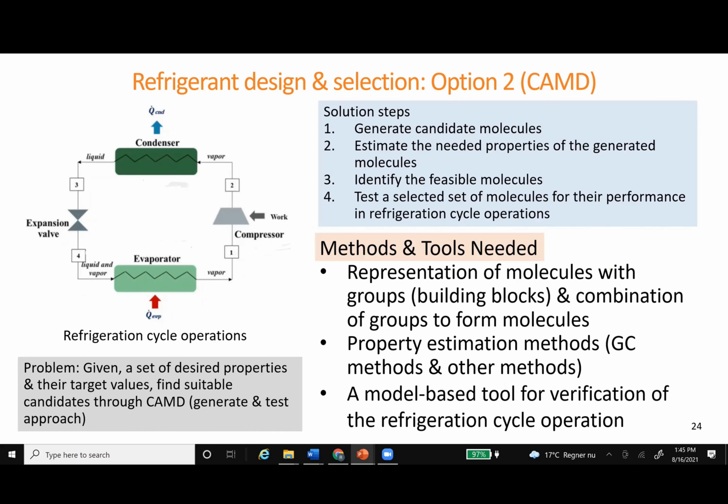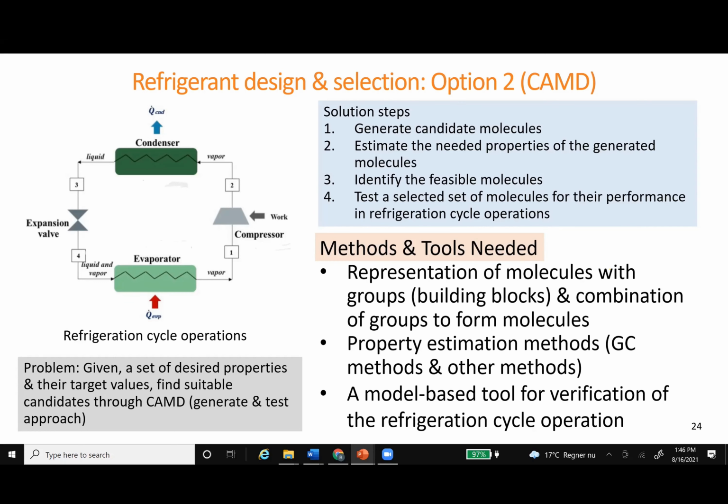But we need some combination rules to form molecules that will satisfy the chemistry rules, the valency rules, and so on. Once we have a chemical that satisfies all requirements of chemistry, then we can calculate its properties if we have the models for them. And then those that will have the properties within our target values, these are the feasible compounds that we want to test.